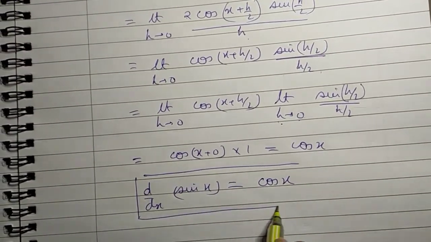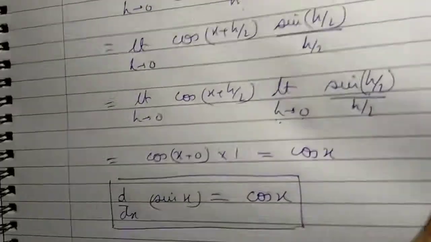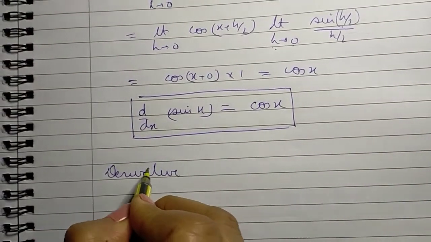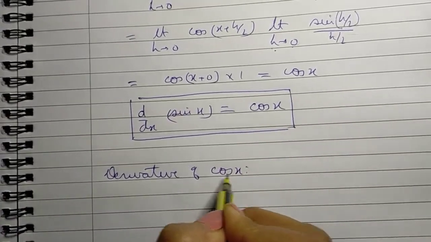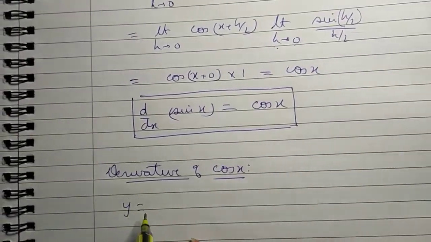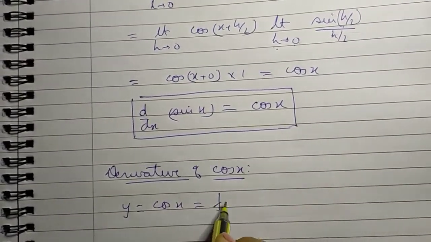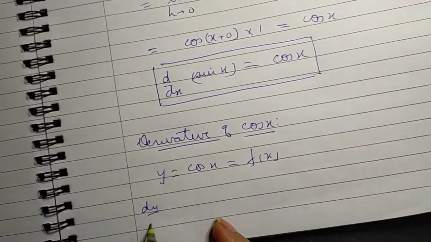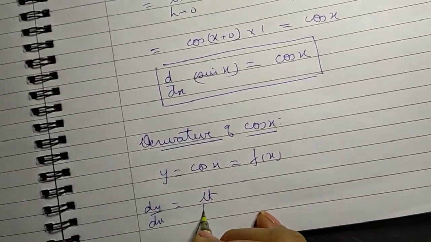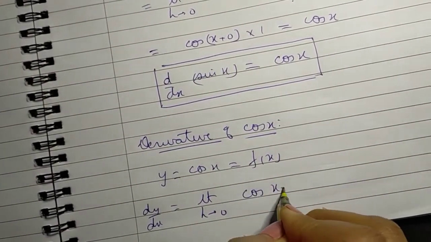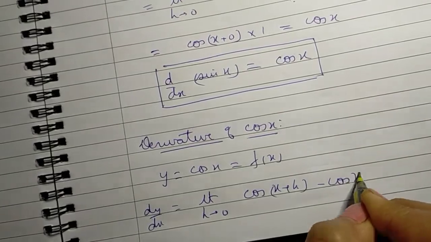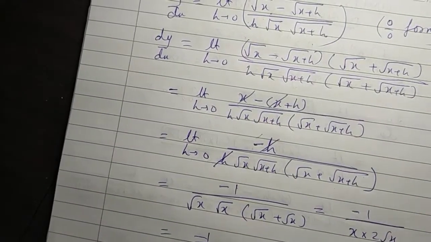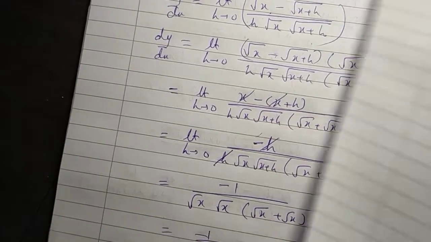In the same manner, let us now find the derivative of cos x. So the next thing is finding the derivative of cos x. y equal to cos x equal to f of x. dy by dx will be equal to limit h tending to 0 of cos of (x plus h) minus cos x over h.